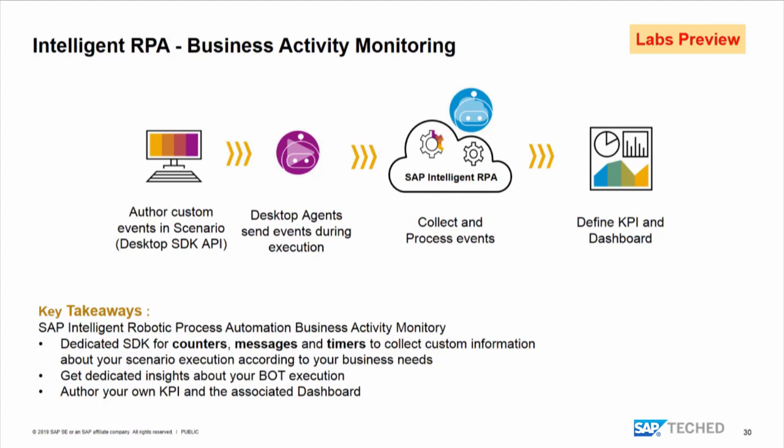Another interesting feature which will be available in October is what we call business activity monitoring. Here the idea is that you use the agent to collect data, for example, the response time of your application. To take an example, I have a partner application. It doesn't belong to me. I want to measure the response time of this application.